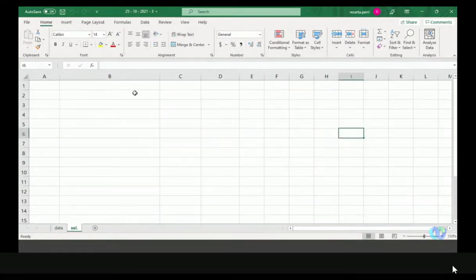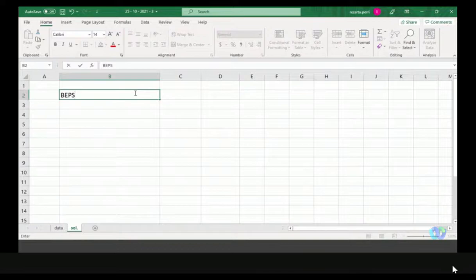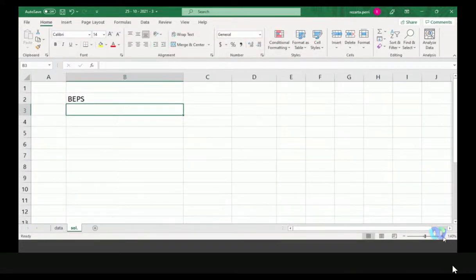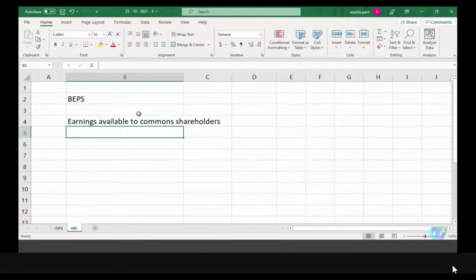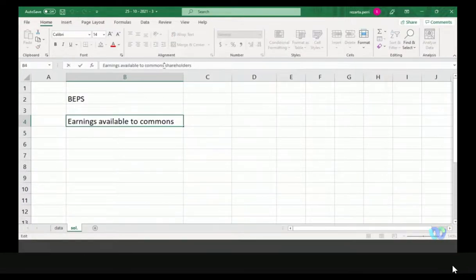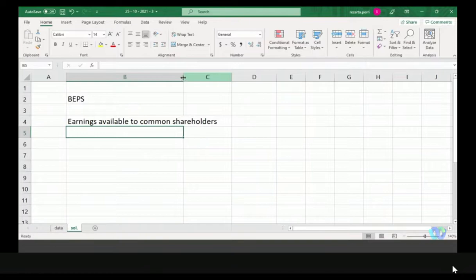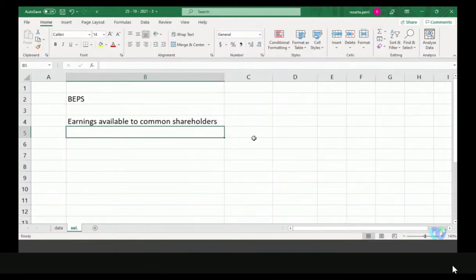Now, I'm following the same kind of calculations, or the same mini table used to properly show the calculations that we introduced in the previous examples. In the first row, I'm going to put the earnings available or attributable to common shareholders. This is going to be the amount of the earnings that is available to common shareholders.